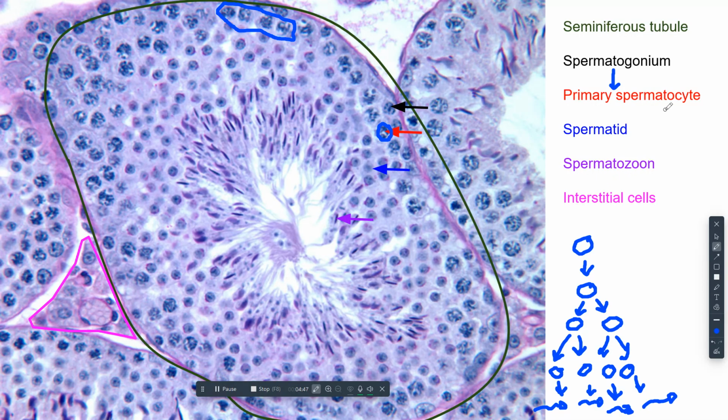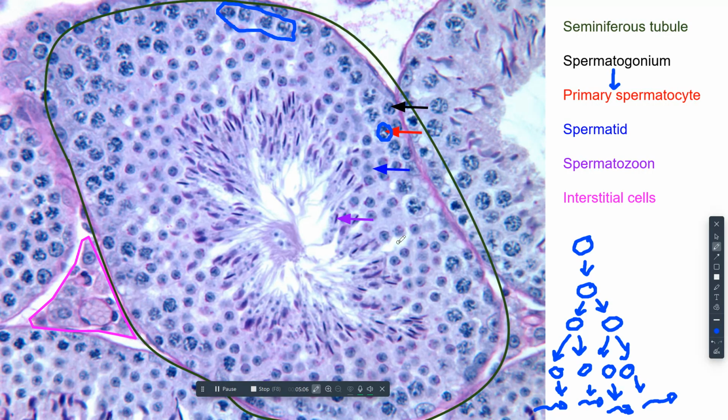Now notice I did not include secondary spermatocytes in my list here because they don't last very long. They're going to divide really quickly, so it's hard to catch them on the microscopic image here, but we do see lots of spermatids.